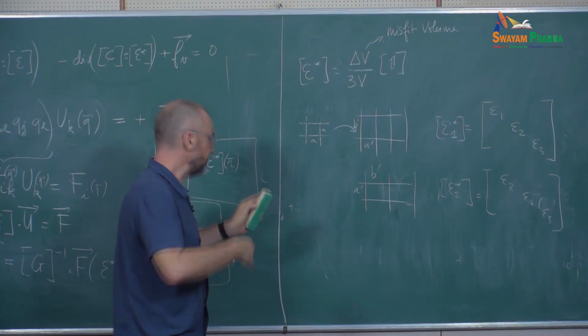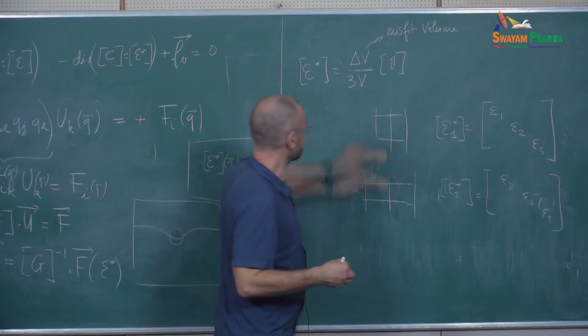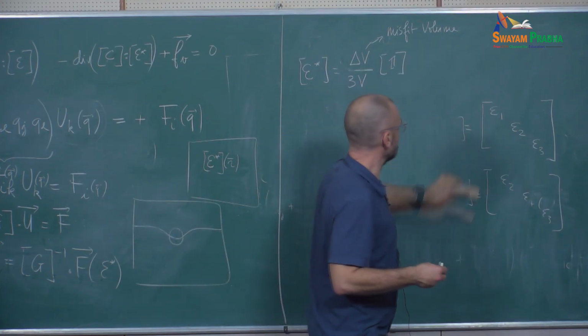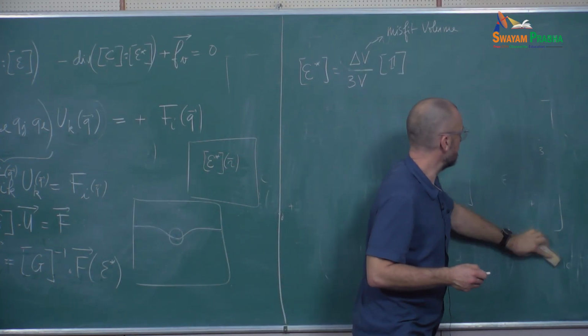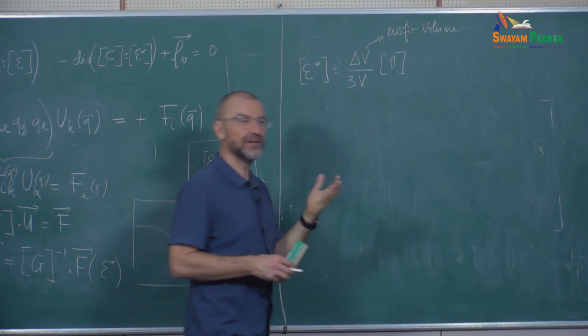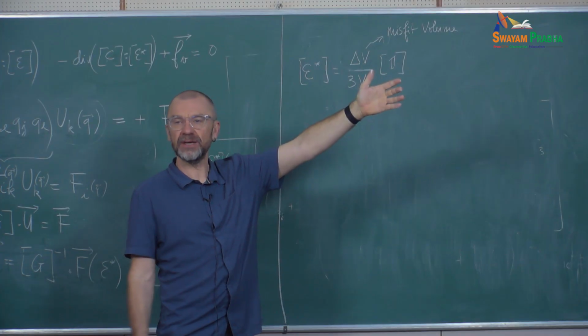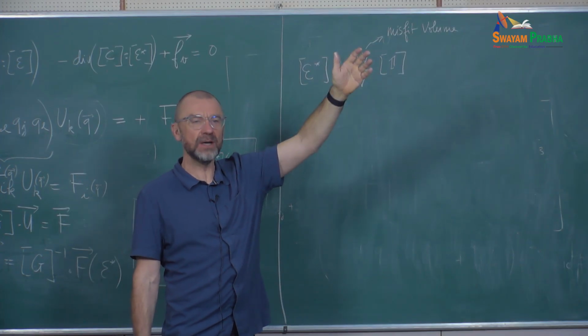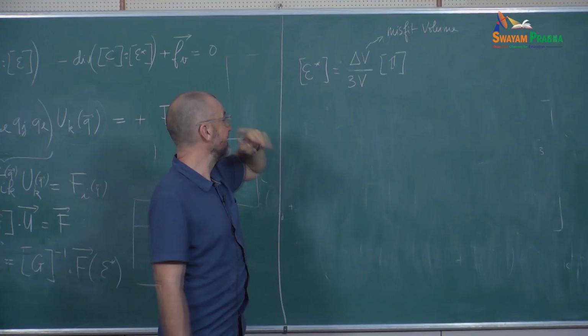So if we go back to our business in metals and ceramics, we have talked about crystalline defects: 0D, 1D, 2D, 3D defects.